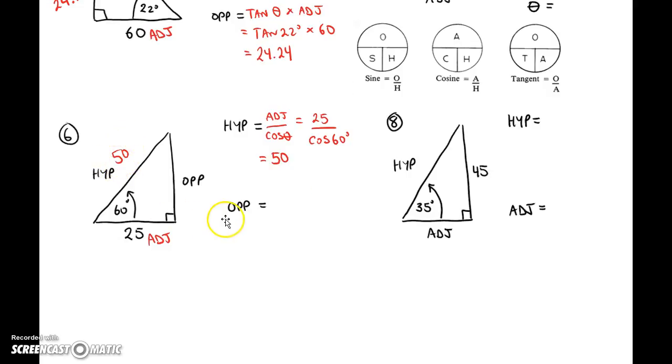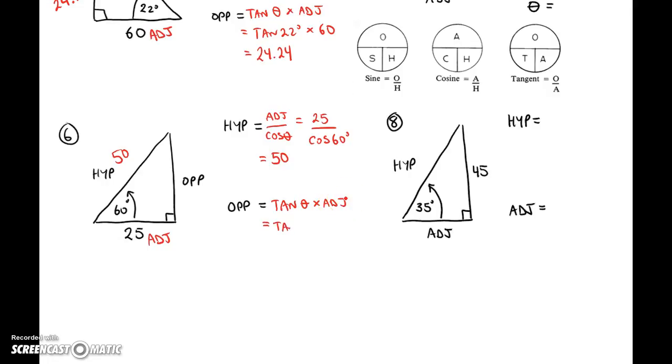And then let's see, the opposite. Well, for the opposite we usually use sine, but we calculated that value for the hypotenuse. So let's use the given values with the angle and the adjacent, and we'll use tan in that case in order to find the value. So this is going to be equal to the tan of the angle times the adjacent.